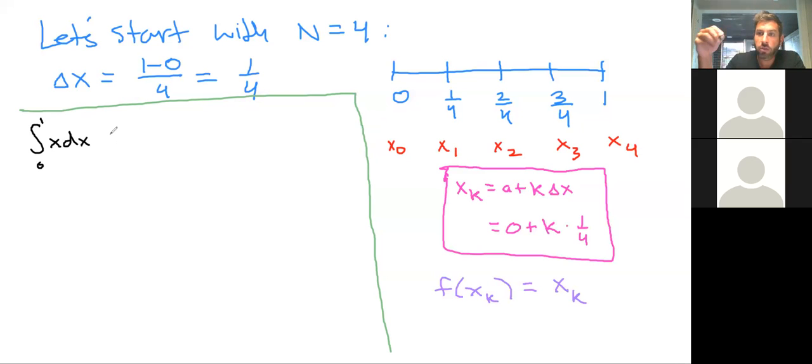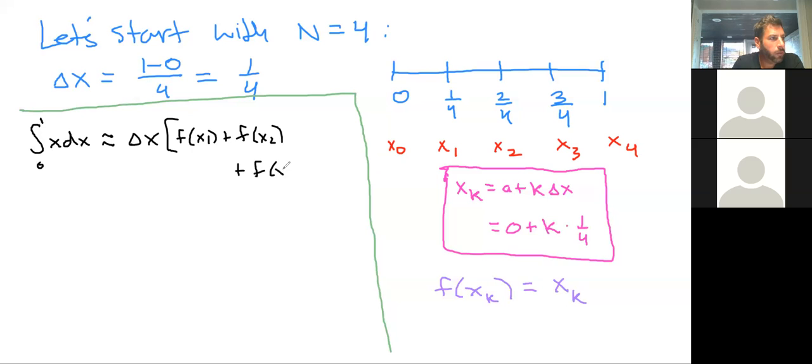Now, if we only use n equals 4, we get an approximation. That approximation is delta x times f evaluated at x sub 1 plus f at x sub 2 plus f at x sub 3 plus f at x sub 4.